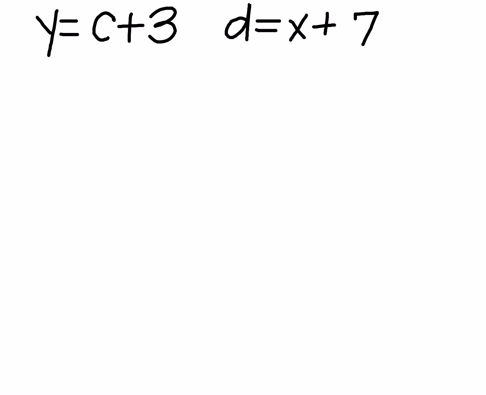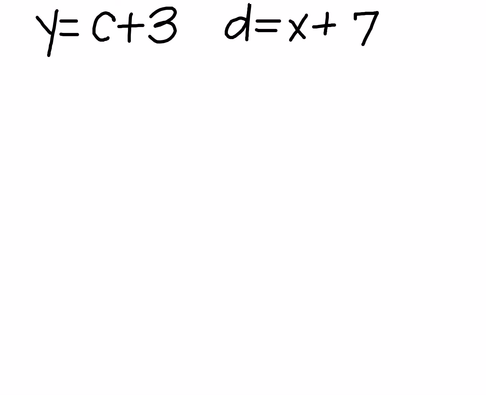So what this means is I want my answer to say x plus y equal to something that has c and d in it. X plus y to equal something that has c and d in the answer part.